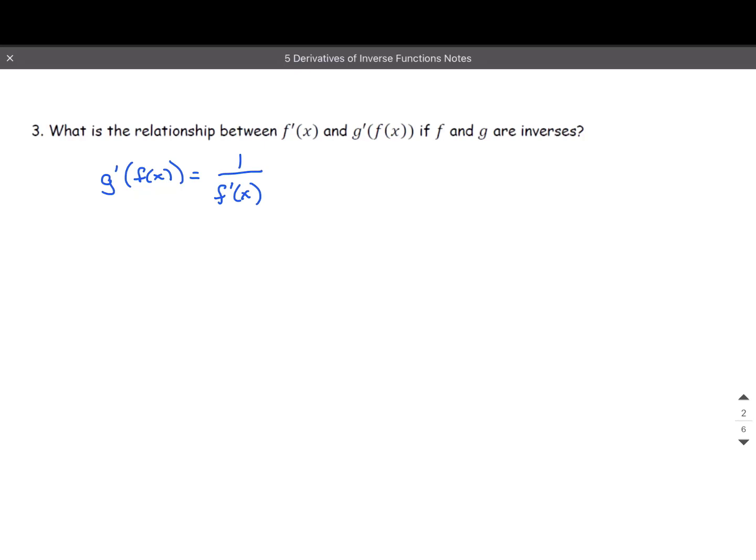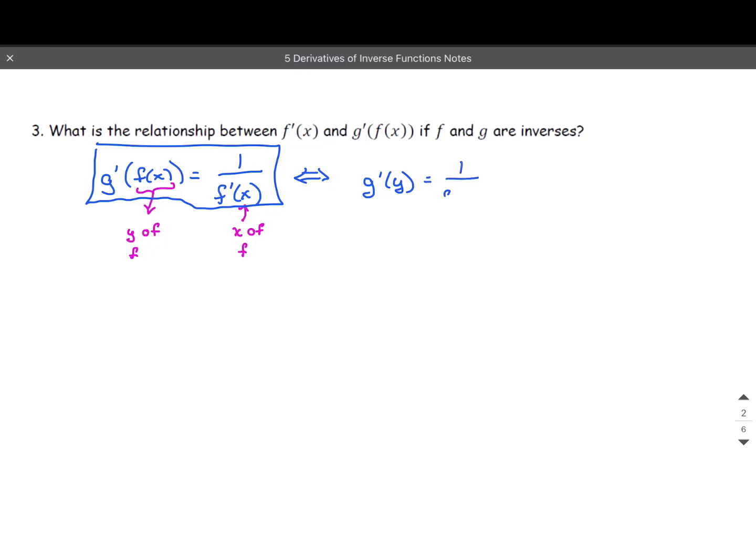Now, it's important to remember here, guys, that this f of x is a y value of f, okay? This x is an x of f, all right? That's real important to make sure you know. Now, not only that, another way we can write that, since f of x is a y of f, we can write g prime of y.